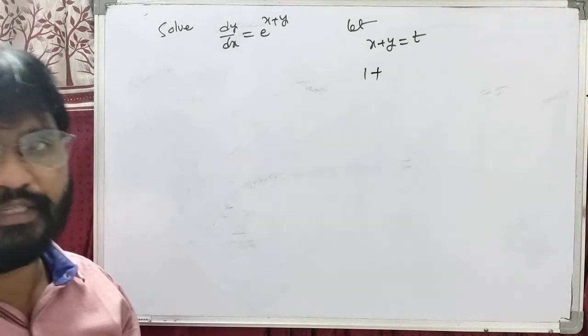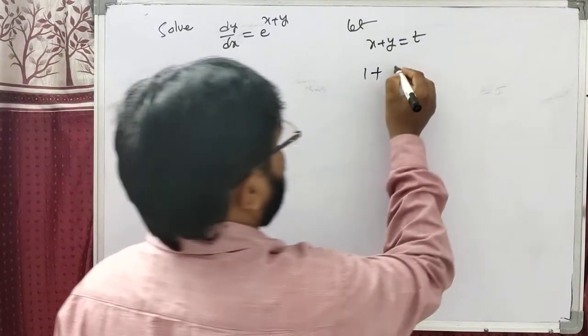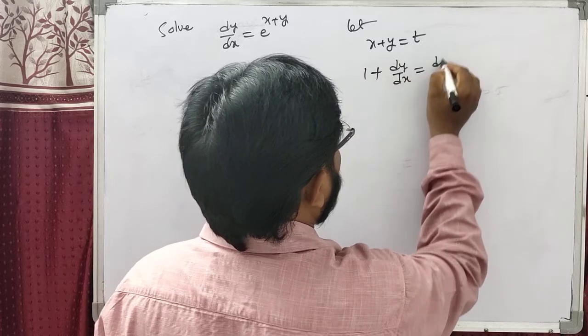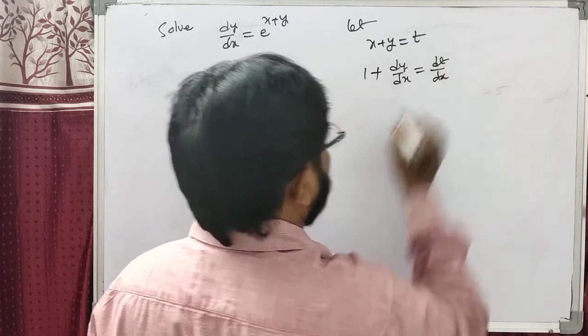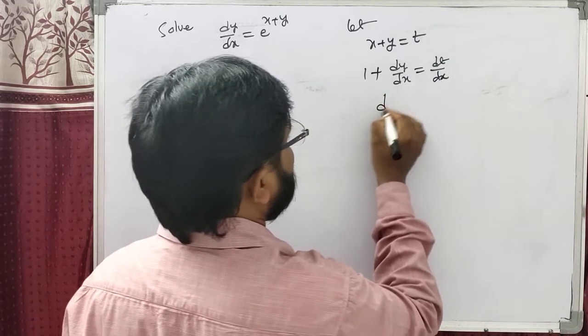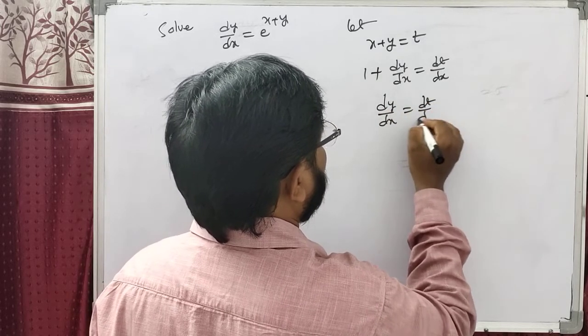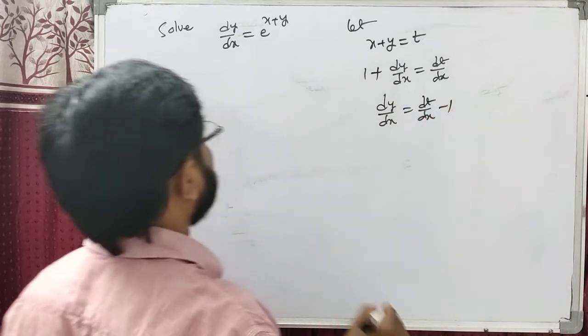The derivative of x is 1, and the derivative of y is dy by dx, so we get dt by dx. So dy by dx equals dt by dx minus 1.